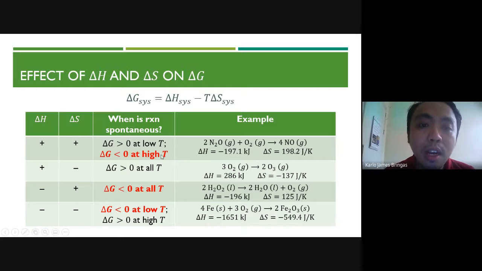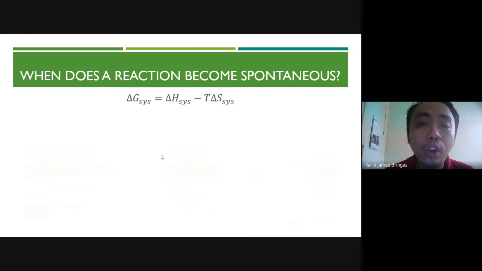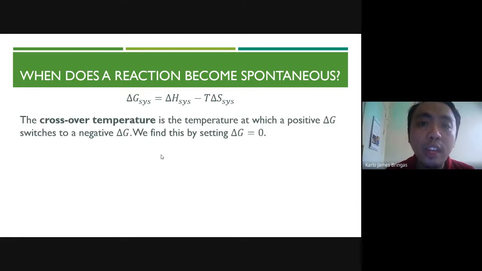So this allows us to be able to control when a reaction could become spontaneous. So we have something called the crossover temperature. That is the temperature at which a positive delta G switches to a negative delta G or vice versa. So to find this temperature, we just set the delta G here equal to 0. So setting this equal to 0, we now get the following.